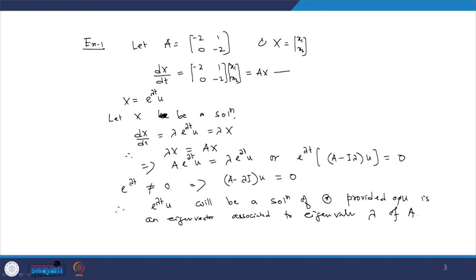So, first I have to find what the eigenvalues of this matrix are. We have eigenvalues of A; since -2, 1, 0, -2 is a triangular matrix, the eigenvalues are minus 2, minus 2, because the diagonal entries will be the eigenvalues of a triangular matrix.